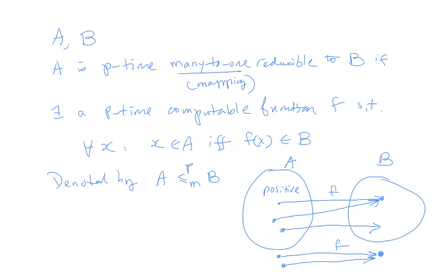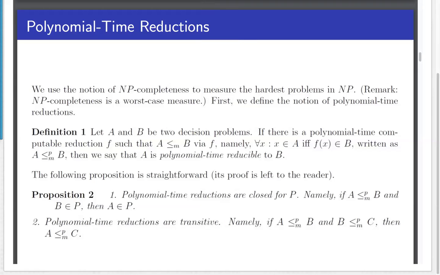Let's go back to our slides. Let's look at this proposition. Number one says polynomial time reductions are closed for P, meaning if A is reducible to B in polynomial time, and B is solvable in polynomial time, then A is solvable in polynomial time.